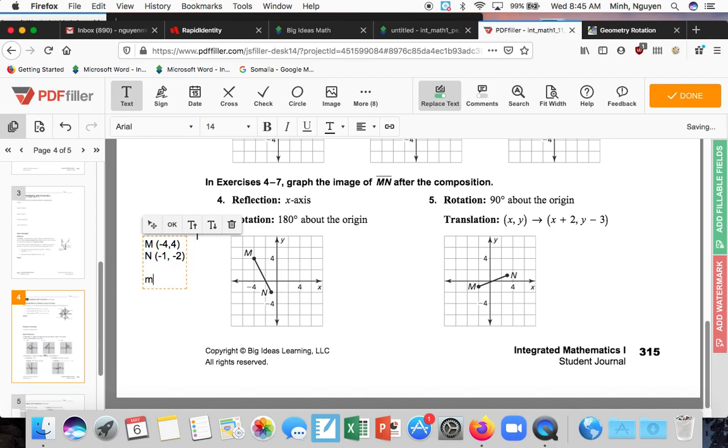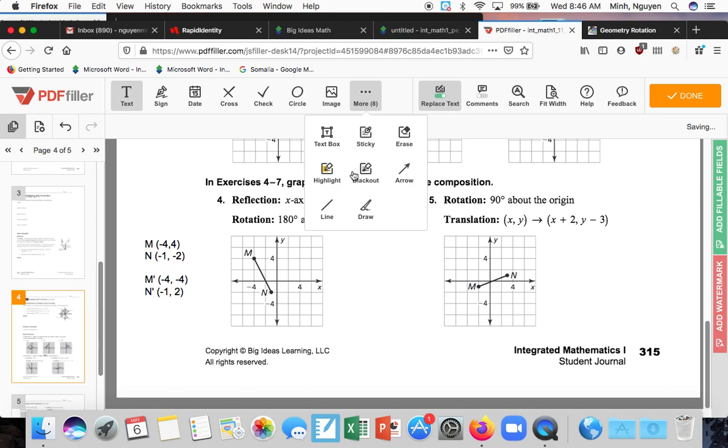I'll just show our first movement of transformation. So it went from above to below to reflect, so it's negative 4, and below means it's going to change the y. So negative 4, negative 4, and N is going to go to negative 1, positive 2.